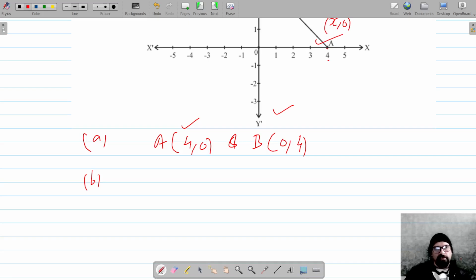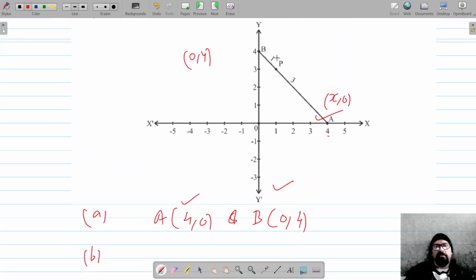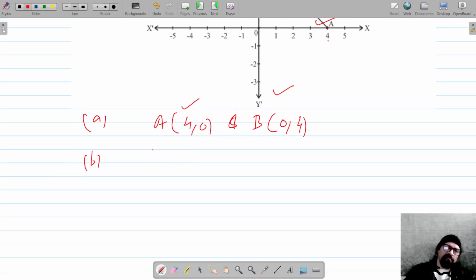That was the first question. The second question says that P is a point on AB such that the ratio is 1 is to 3, and using the section formula we have to find the coordinates of P. So we are going to write down the coordinates of P using the section formula.